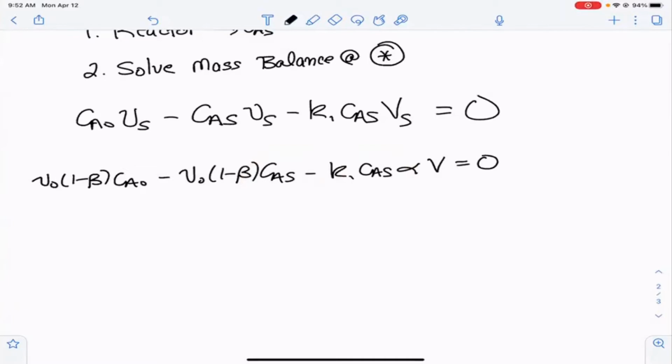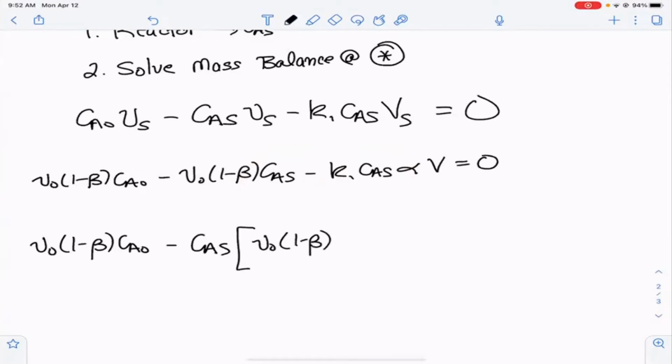So we get V0 times 1 minus beta times CA0, minus CAS times V0 times 1 minus beta, plus K1 times alpha times V, and that's equal to 0.